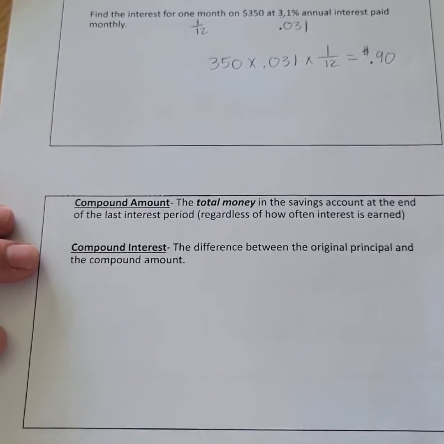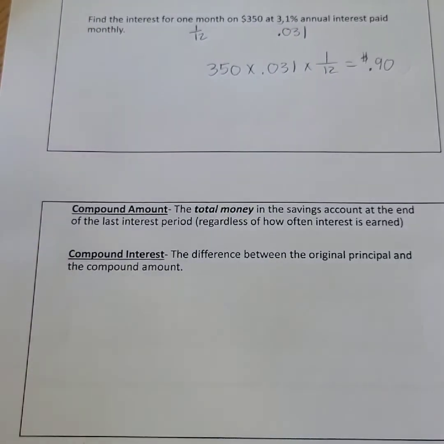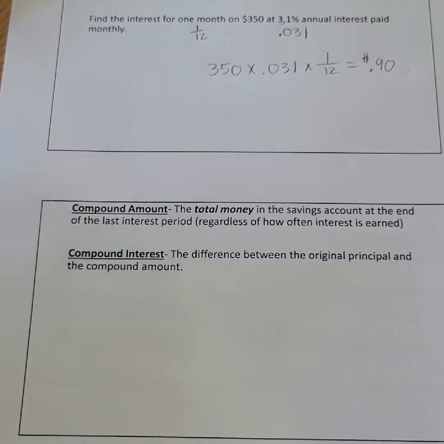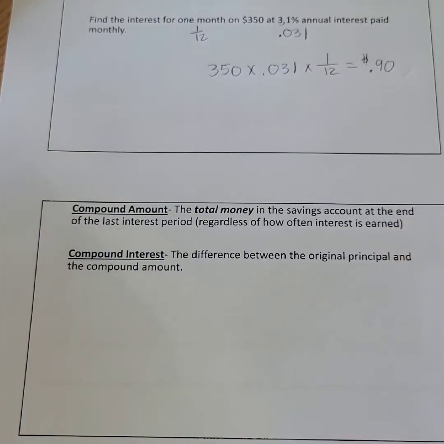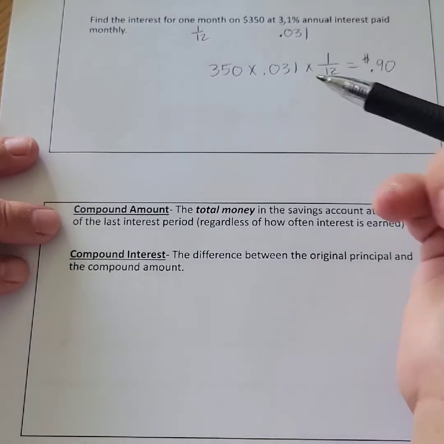When it says compounded quarterly, it means every quarter they figure how much interest they owe you and they put that in. So then the next quarter you would actually be earning money on what was there before and that little bit of interest, versus them just saying, okay, we're going to give you $3 interest every year. Well, they only put it in once a year, so you're not earning interest on that interest until the next year.